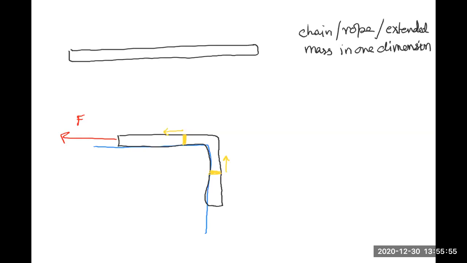So the block that we have dealt with, the wedge that we have dealt with, the pulley that we have dealt with, they are all objects existing in an ideal world, and they do not have edges, lengths, breadth or height. Okay, they are point particles.